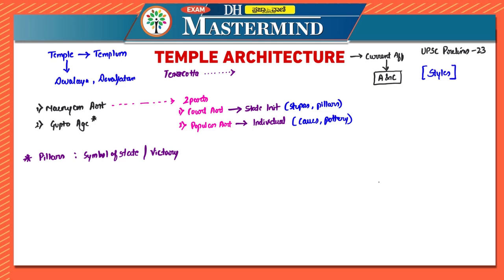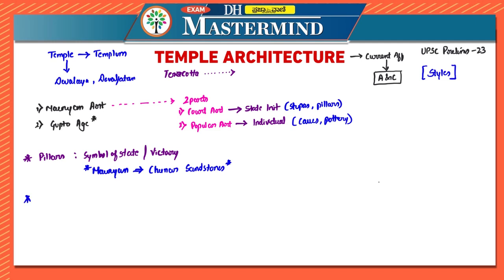For example, you can see Mauryan pillars. One most important point is that Mauryan pillars were made up of Chunar sandstones. Very, very important. This is important: Mauryan pillars were made up of Chunar sandstones.